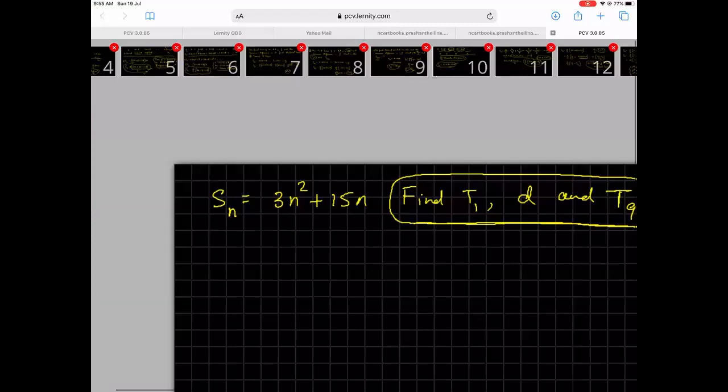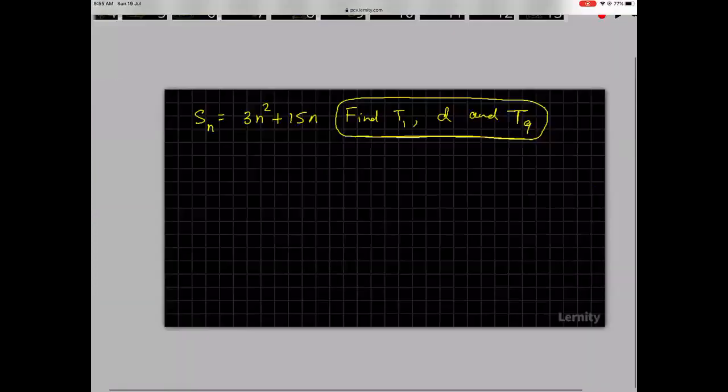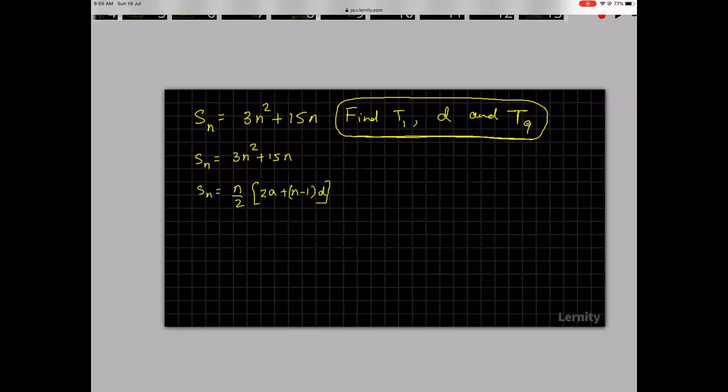We are saying Sn is equal to 3n square plus 15n. We are also saying Sn is equal to n by 2 into 2a plus n minus 1 into d. I want to write this in that format. First I will take n by 2 common, so this becomes 6n plus 30.